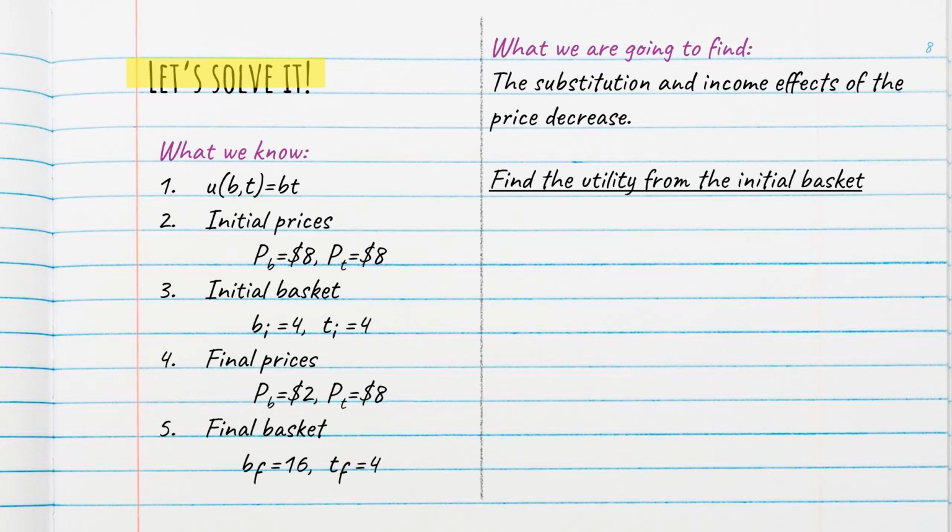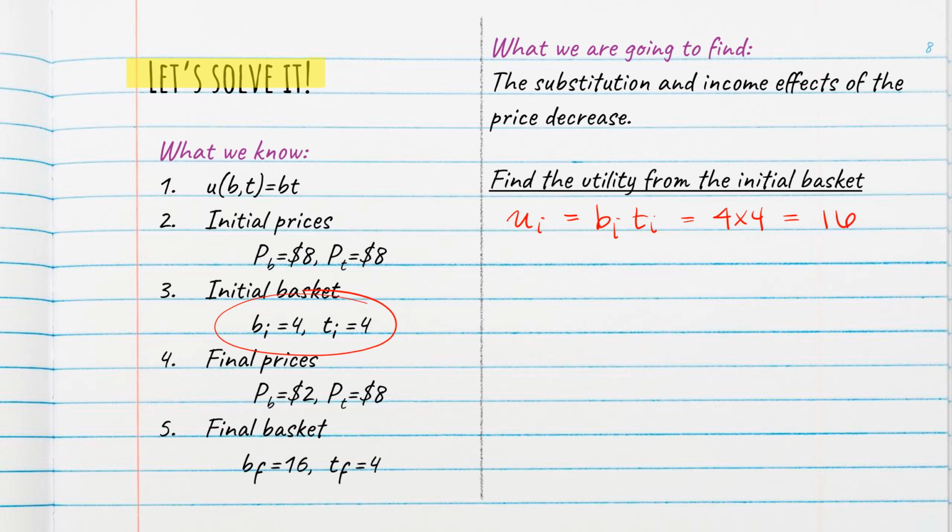This one gets students, don't overthink it. Utility is a function. You just evaluate the function at the initial choice. So his utility from the initial choice is equal to BI times TI. Well, there's the initial basket, so it's 4 times 4, which is equal to 16.